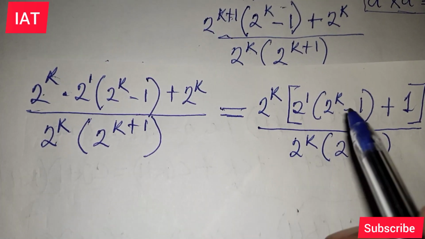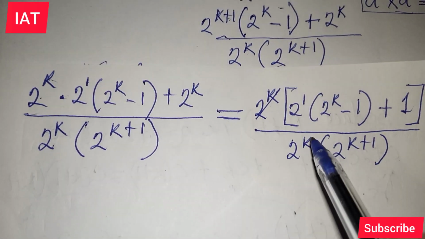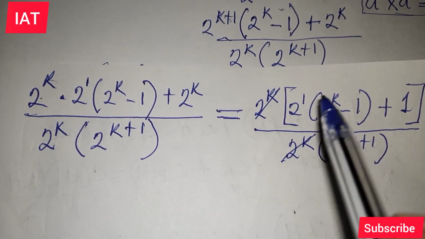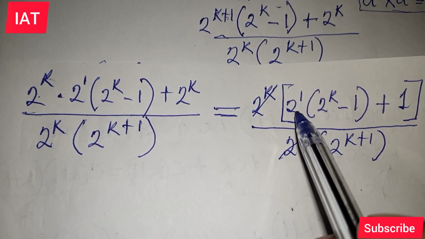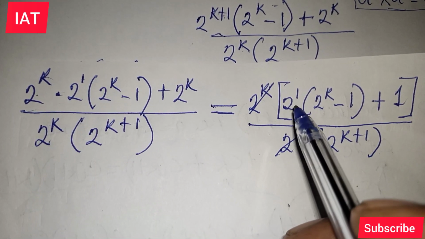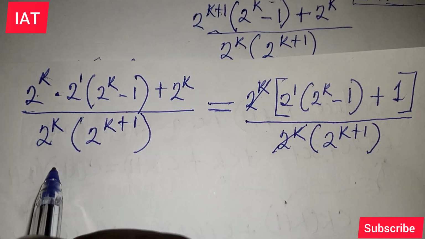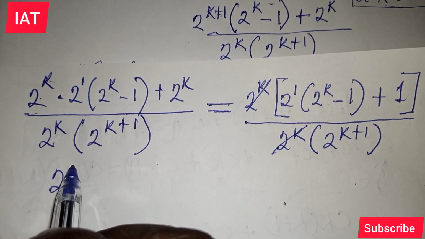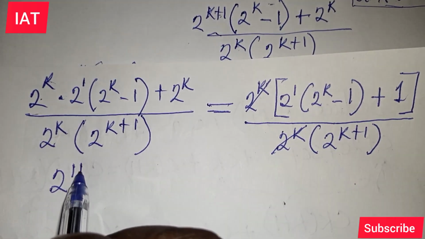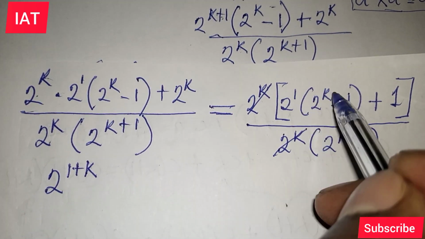So what will now be the next step? At this point you can see that 2 to the power of k will cancel out. Then here, this 2 is going to distribute into this bracket. How do we do that? 2 to the power of 1 times 2 to the power of k is the same thing as 2 to the power of 1 plus k, according to indices, because the bases are the same, you add the powers.